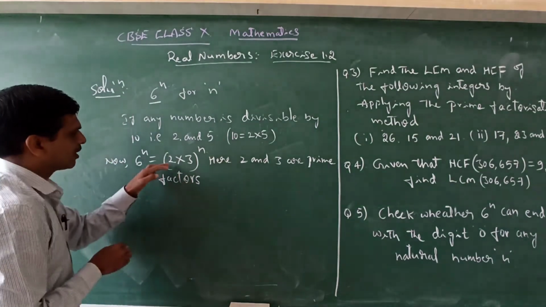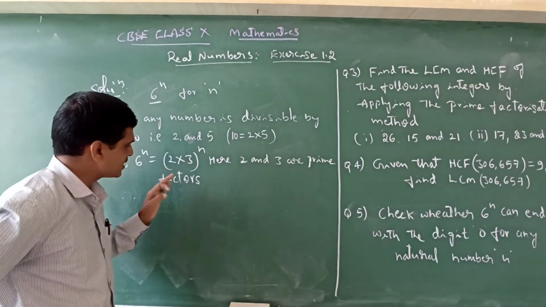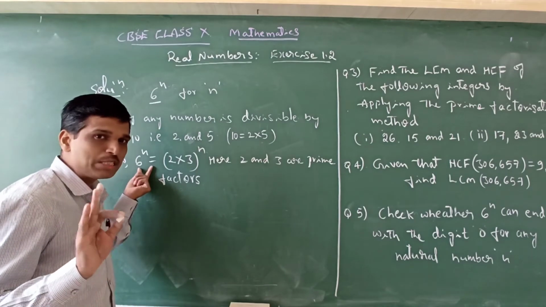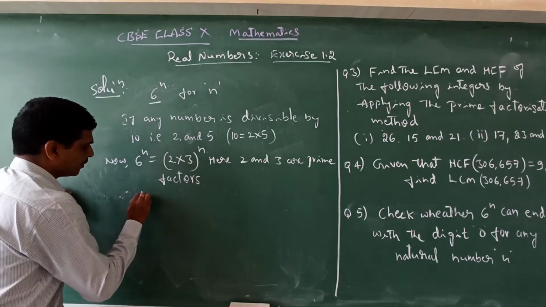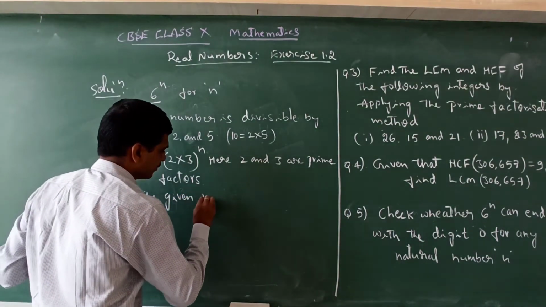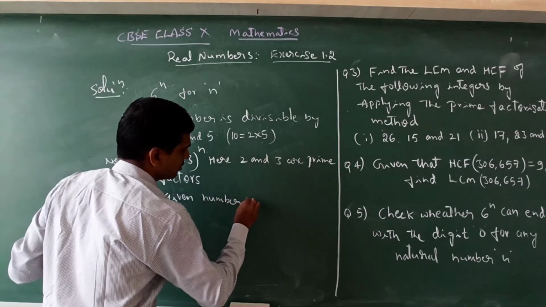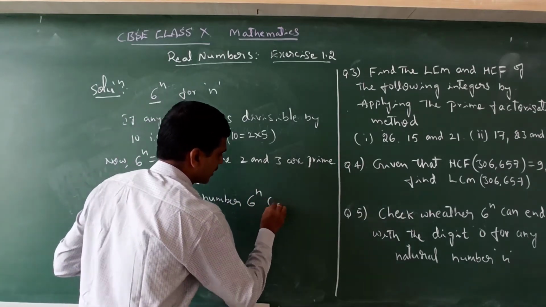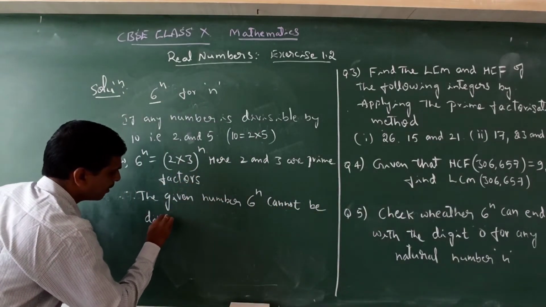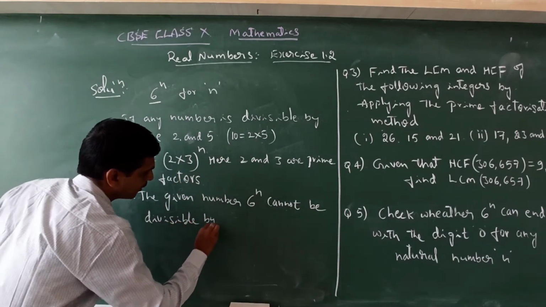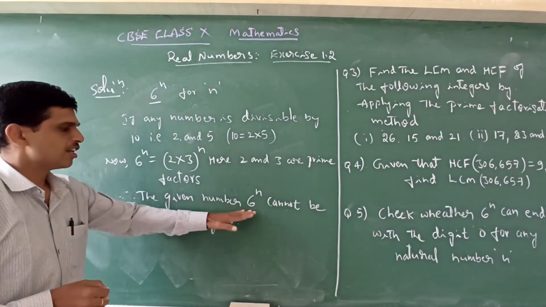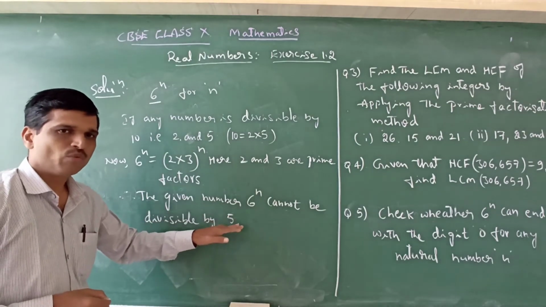So the factor 5 is not there, hence the given number 6 to the power of n is not divisible by 5. Therefore the given number 6 to the power of n cannot be divisible by 5. Otherwise, this number cannot have the factor 5.